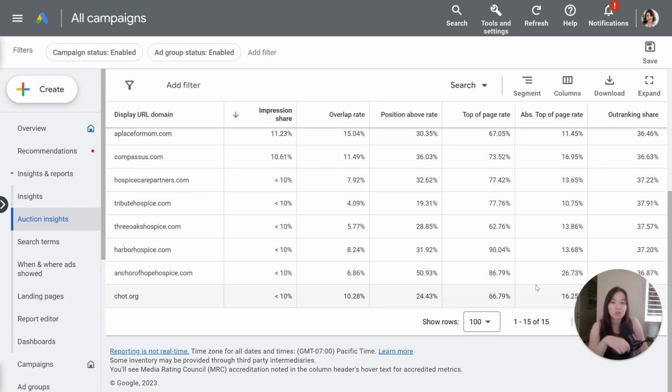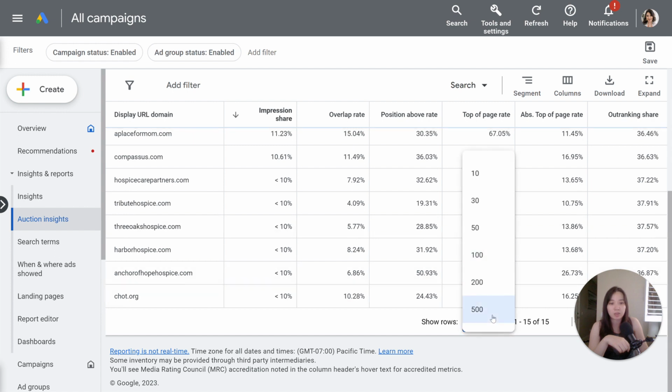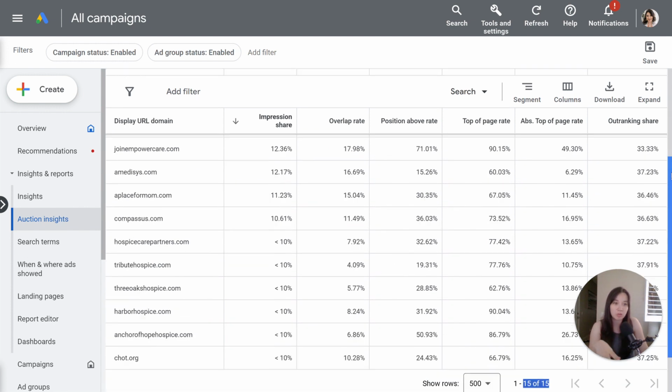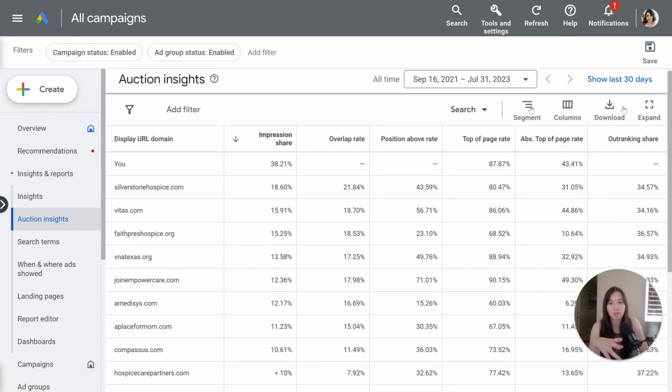Sometimes some competitors might not even have their ads appear or their name appear because they're barely having any impression share. So keep that in mind. But here we can see that there's 15 businesses or advertisers going after the similar keywords, so they're competing in the same auction.